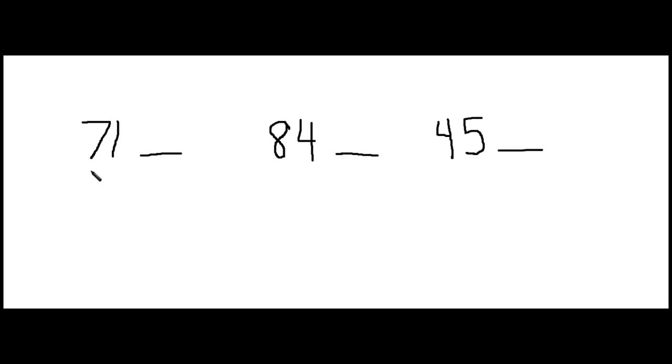Go ahead and read this number. What does this say? Say it out loud. 71. Nice job. So if we count 71, what number comes next? Can you write it? 71, 72. Nice job.